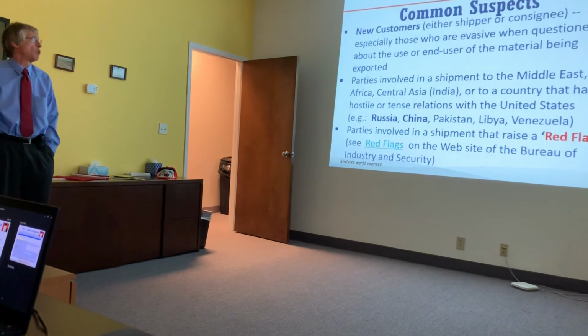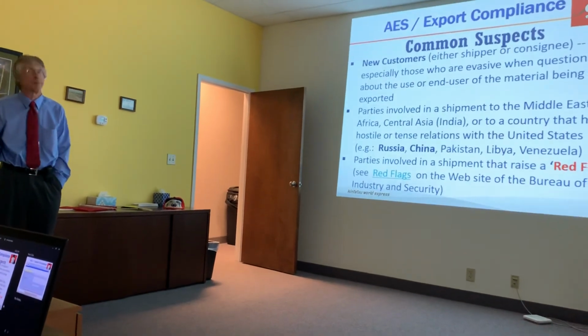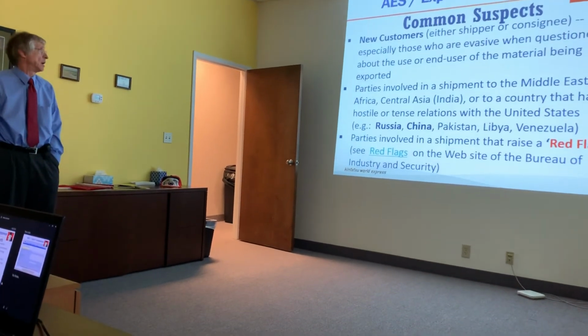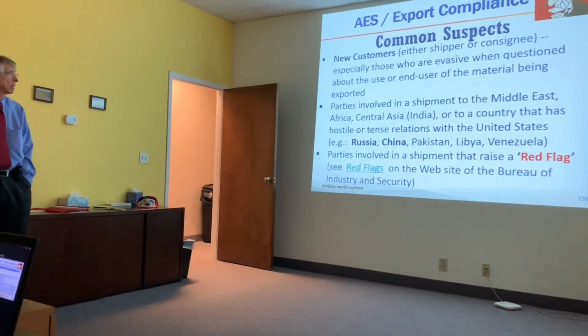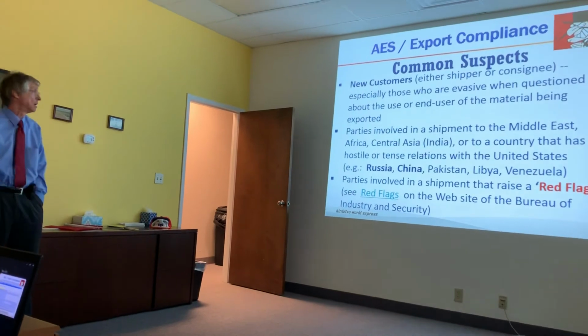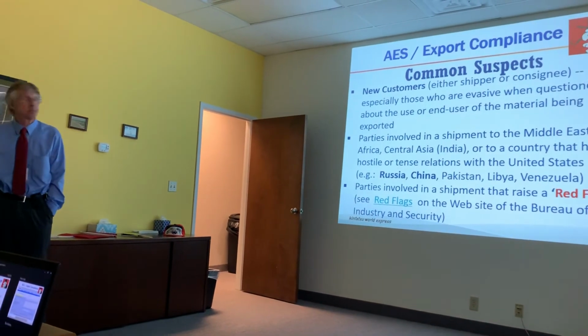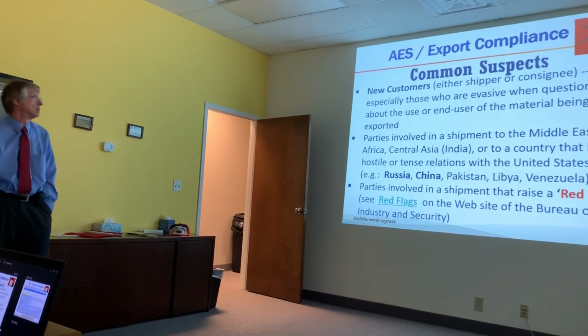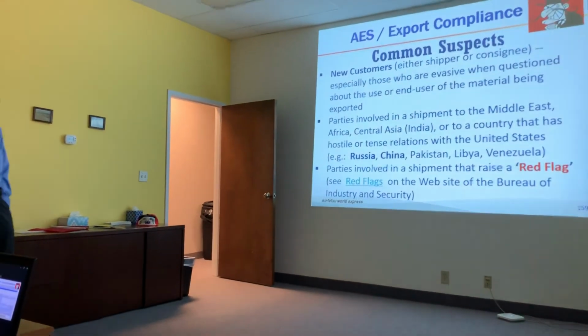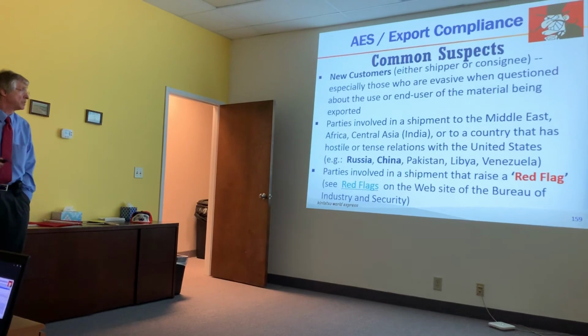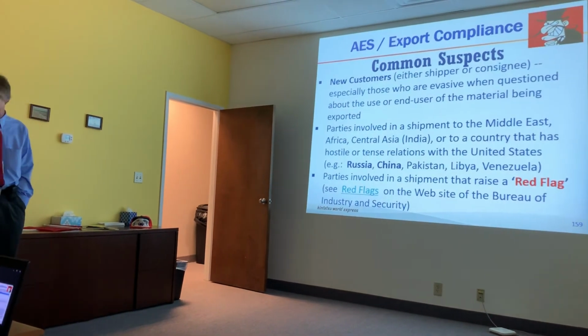You want to be suspicious about shipments going to the Middle East, Africa, Central Asia, or to a country that has hostile or tense relations with the United States, such as Russia, China, Pakistan, Libya, Venezuela, that's a hot one right now. Parties involved in a shipment that raise a red flag.